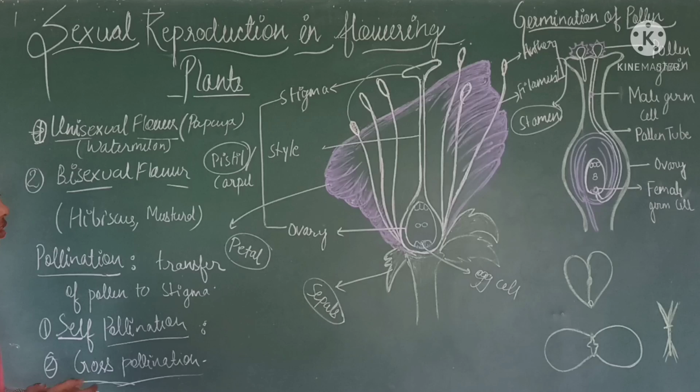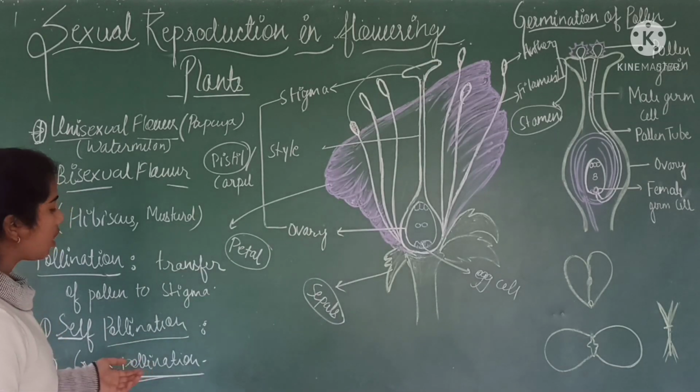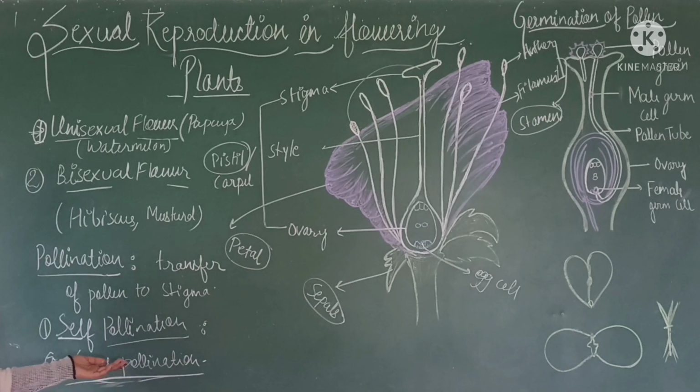When the pollination occurs in the same flower, then that pollination is known as self-pollination. And when the pollination is done by pollinating agents like wind, water, and insects, these are the pollinating agents.